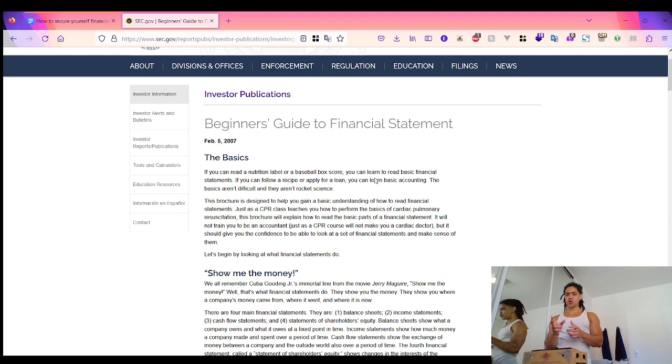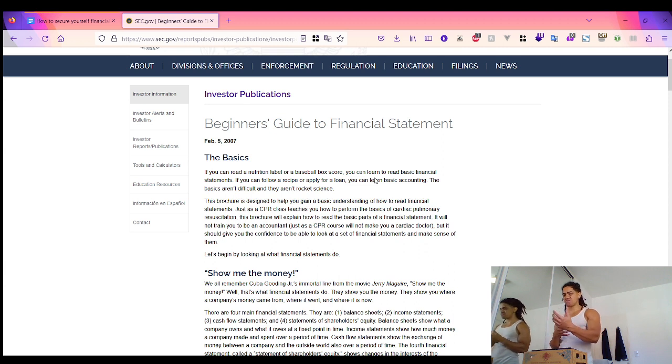Balance sheets show what a company owns and what it owes at a fixed point in time. Income statements show how much money a company spent and made in a period of time. Cash flow shows the exchange of money between the company and the outside world, and the statement of shareholders' equity shows the change in the interest of the shareholders over time.